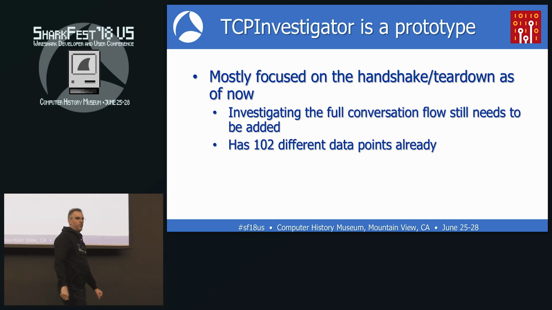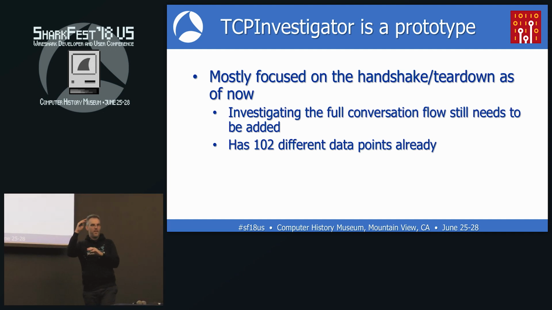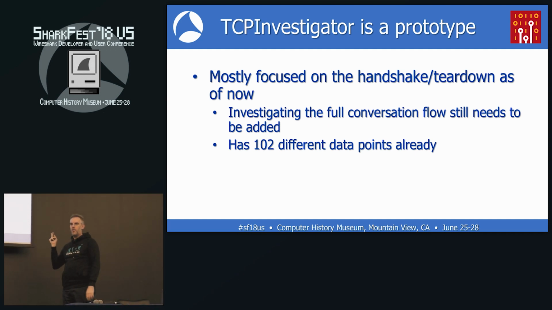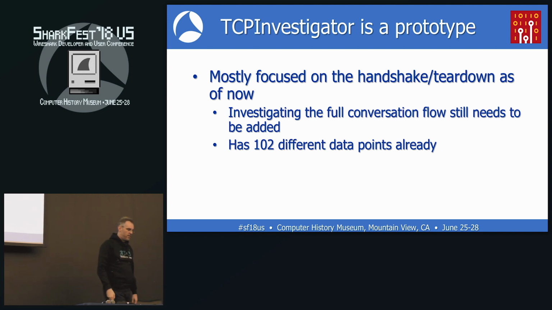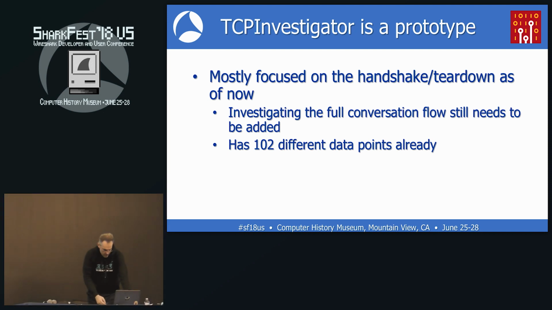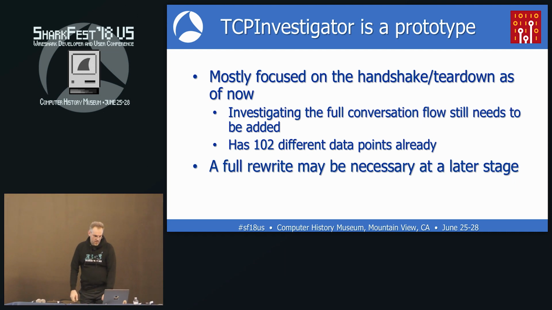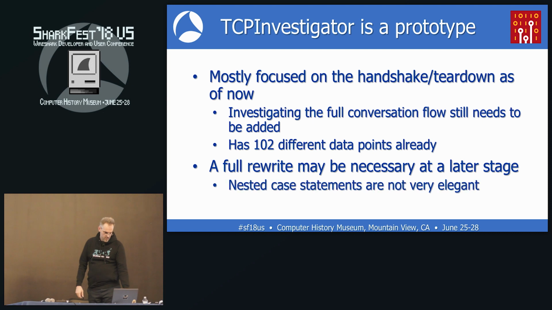I think I have a debug routine somewhere that prints the size of that thing, and I think one record right now is about 1 kilobyte for one flow. If you have 1 million flows, that's 1 million times 1 kilobyte of data just for this kind of thing. So a full rewrite may be necessary at a later stage, I already said that. That's also because nested case statements are not very elegant. That's what I'm doing right now.